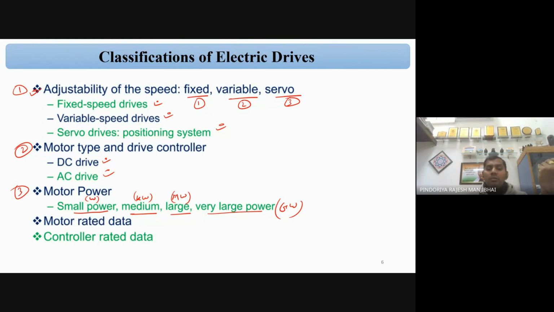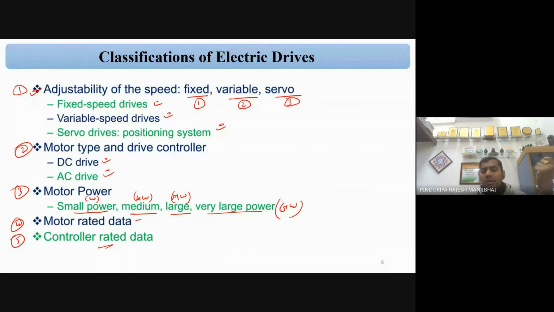And finally, motor rated data. There is a fourth one, that is motor rated data, and the fifth one is controller rated data. Motor rated data means which type of frame we can use, which type of standard we can use to design this motor, and what the temperature level is.